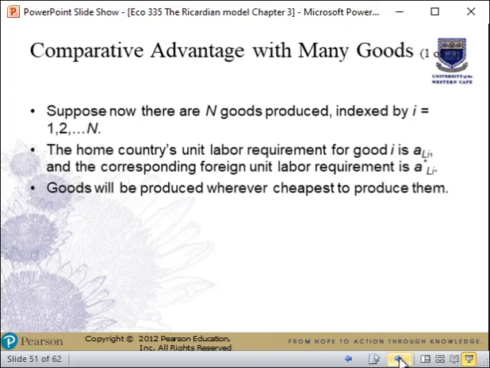More so, we attach a number to each good for ease of ordering opportunity cost from the lowest to the highest. As with the one factor model with two goods, products will be produced where they are cheapest to produce, or where the opportunity cost of production is the lowest.